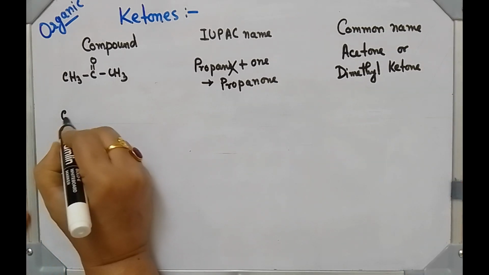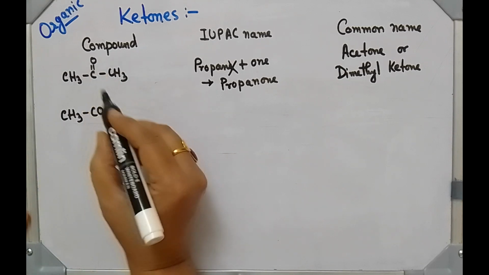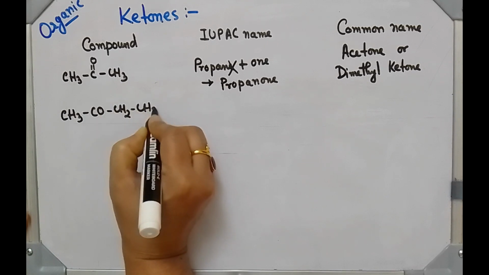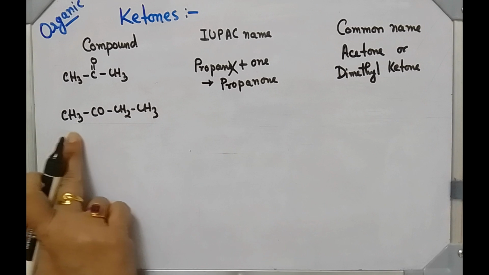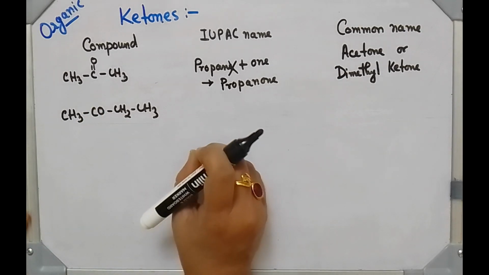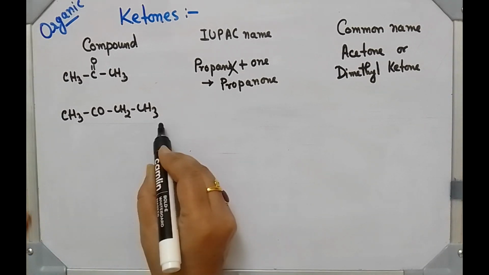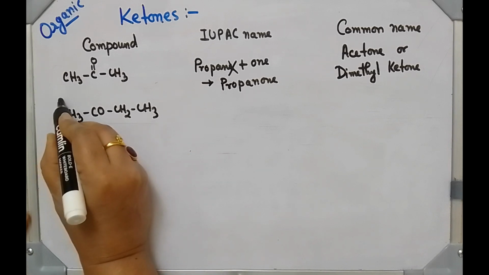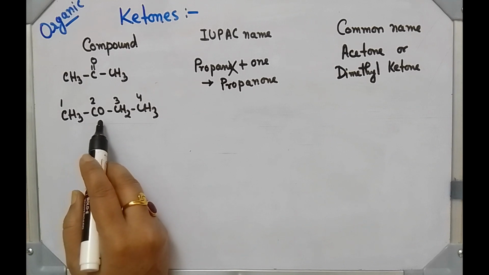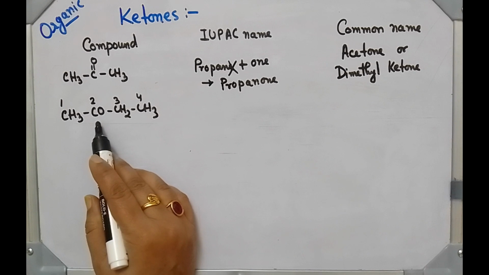Next one is CH3COCH2CH3. It has 4 carbon atoms including the functional group. If the functional group has a carbon atom, you have to include it. So we do the numbering this way so that the functional group gets the lowest number. If we number from this side, the functional group will be at position 3.